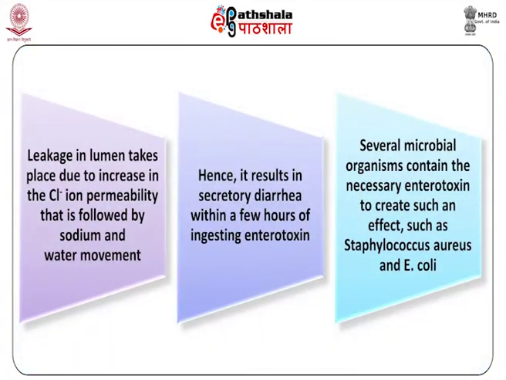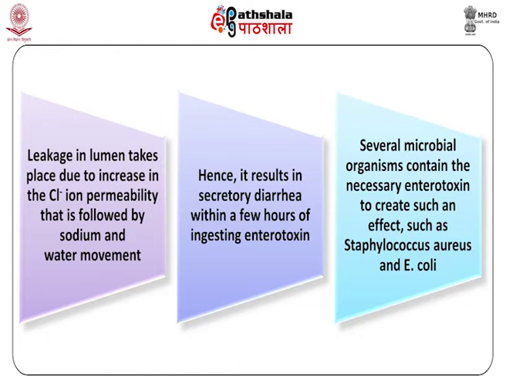A direct effect is seen due to the formation of the pores on the osmolality of the luminal contents of the intestine. Leakage in lumen takes place due to increase in the chloride ion permeability that is followed by sodium and water movement. Hence, it results in secretory diarrhea within a few hours of ingesting the enterotoxin.